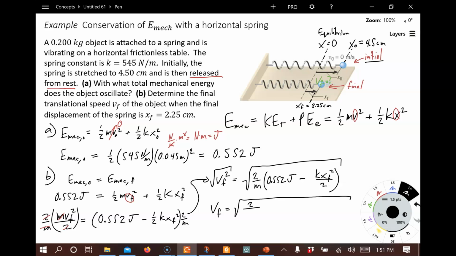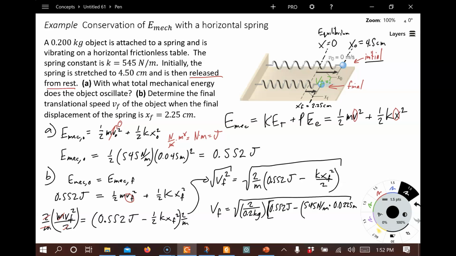2 divided by m is 0.2 kilograms. And we've got 0.552 joules minus, now we've got here k is equal to 545 newtons per meter. We've got x, which is 2.25 centimeters. That's going to be 0.0225 meters.